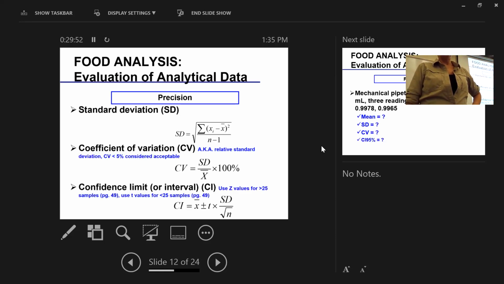So the last one here is confidence interval or confidence limit. It's basically telling you where your average lies with respect to the other data points. So the range of your data, where you are confident that the average lies within that range.